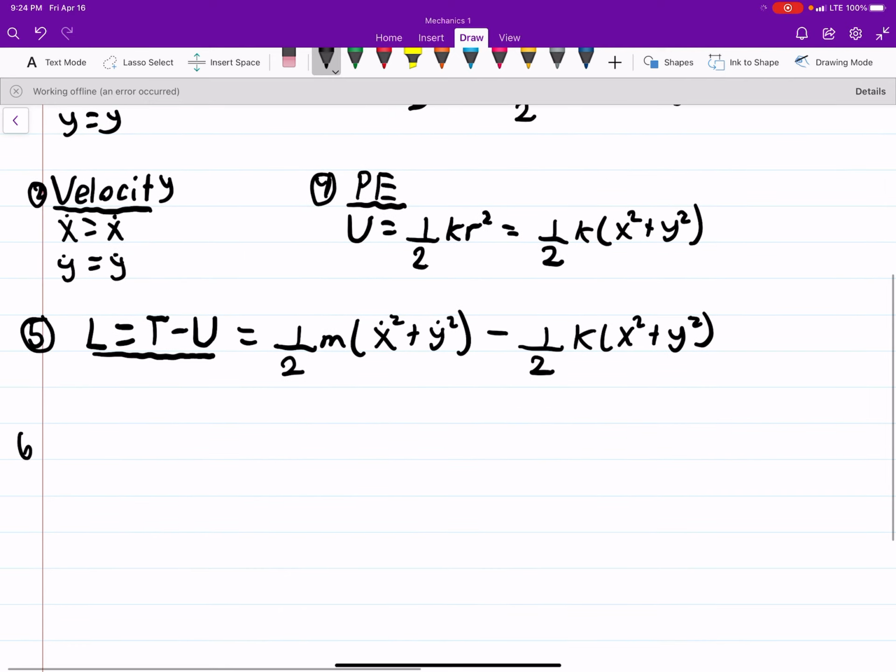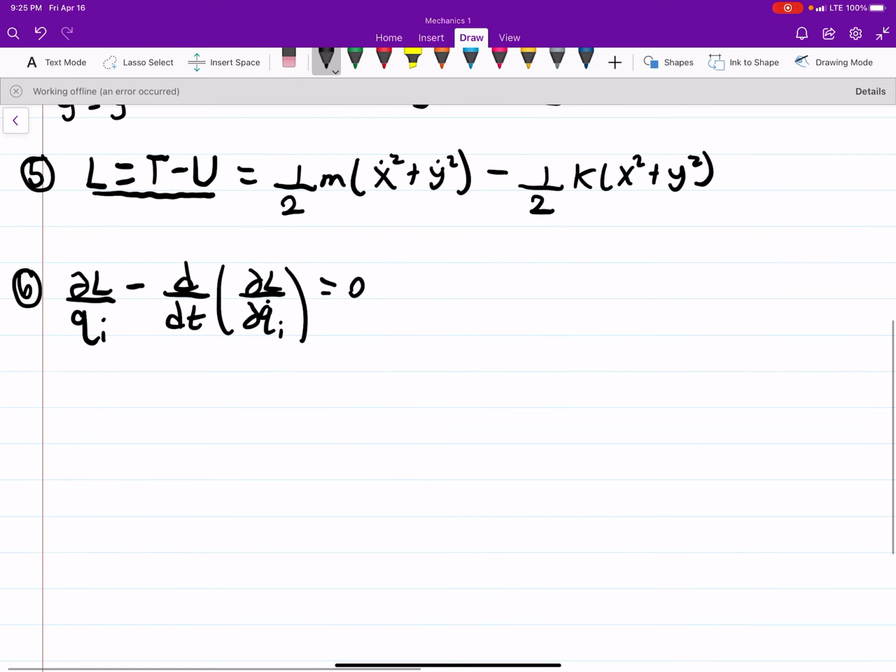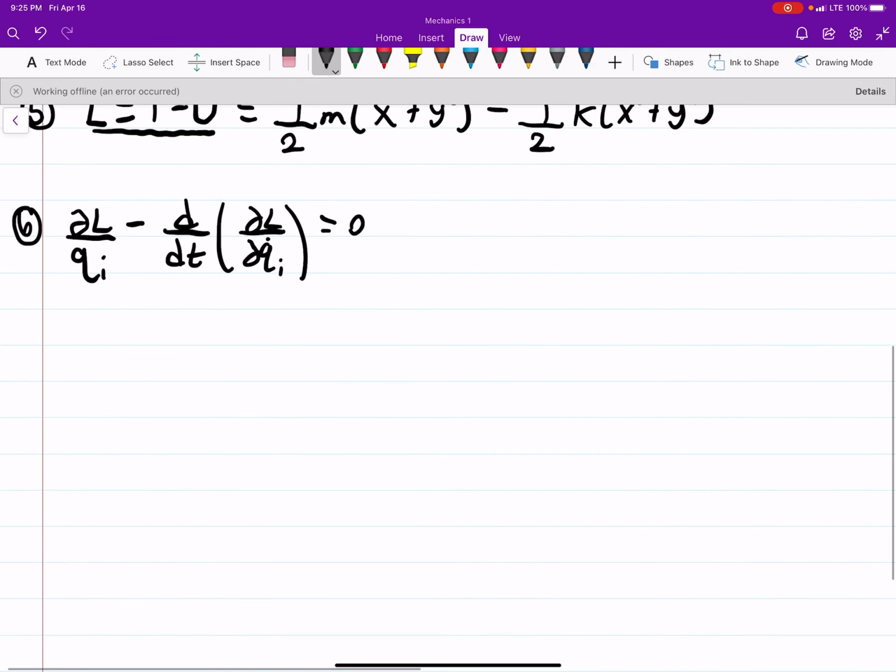And then step 6 is the Euler-Lagrange equation. I'm just going to write this in general terms. The q can be any coordinate. It could be x and y. In this case, we want x and y motion.